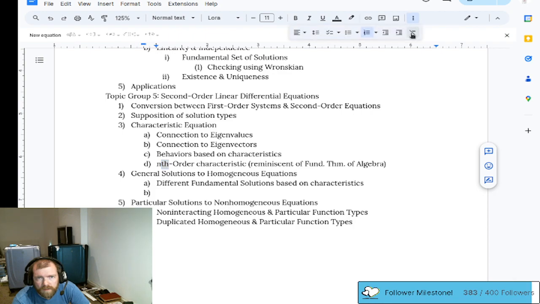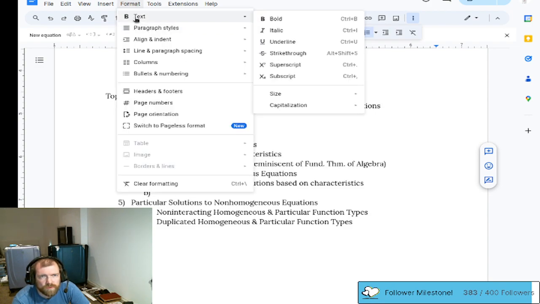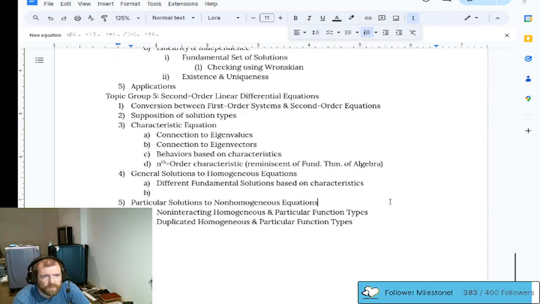Okay, so our format, we want this to be superscript. Alright, we're gonna remind ourselves that the nth order characteristic is reminiscent of the fundamental theorem of algebra, which is telling us how many homogeneous solutions you have. So if these things show up at any point in your particular solution, we're going to have a bit of a problem.